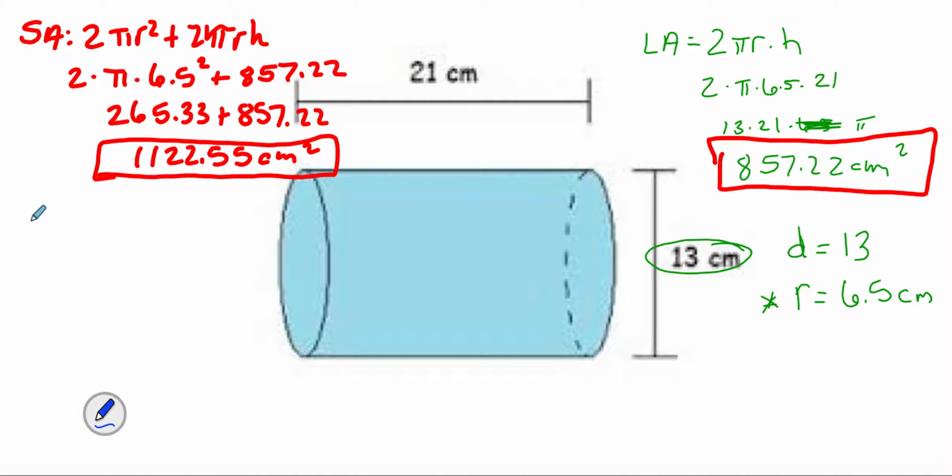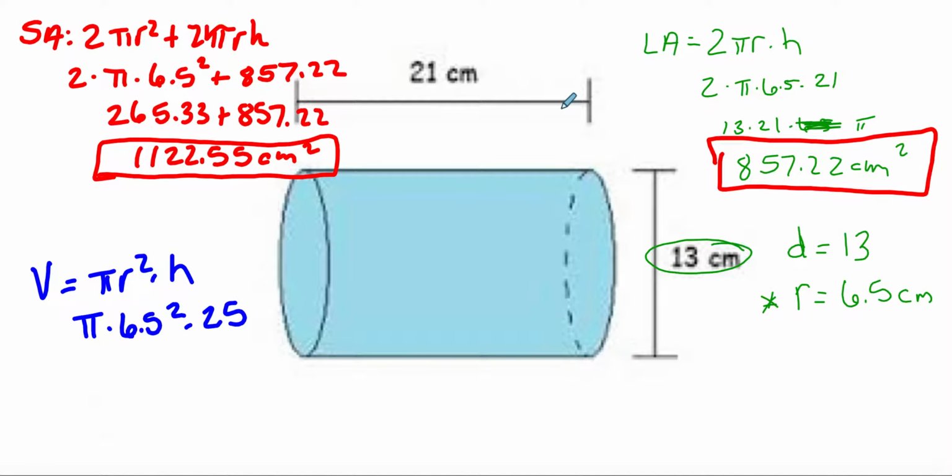The volume. To find the volume, I take the area of the bottom, pi r squared, and multiply it by the height. I'm going to take pi times 6.5 squared times 21. I know that this is still the height because the can fell over. So remember that the can fell over. It should be 21 here.